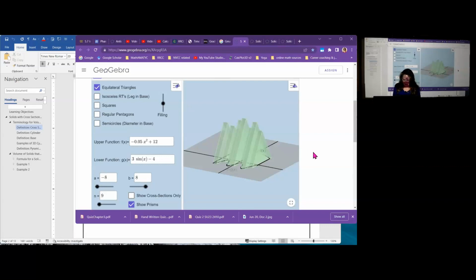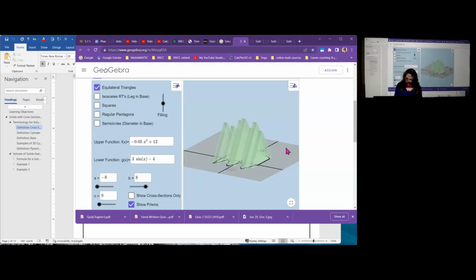In the first picture, it turns out that the upper function is a downward opening parabola, and the lower function is a version of sine, which explains the wiggle that we have going on. In this case, we're looking between x equal -8 and x equal 8, and we've partitioned it into 9 different slices.